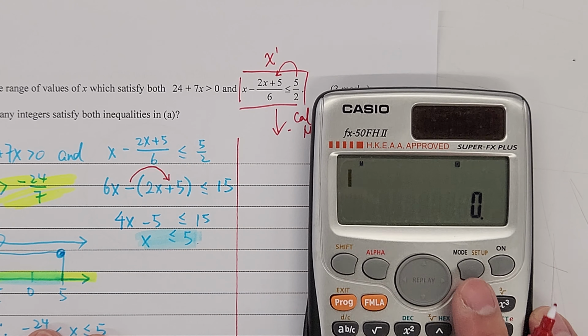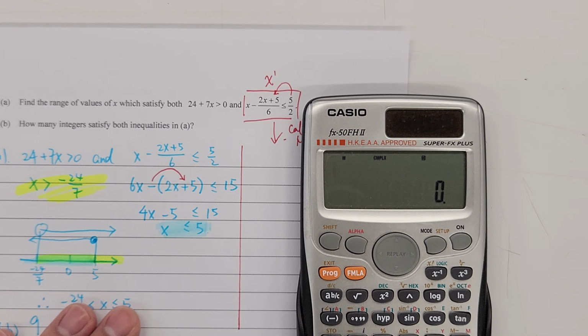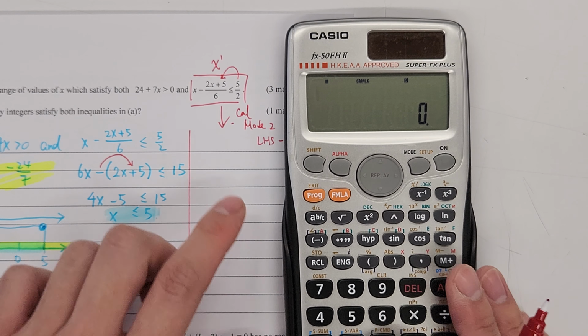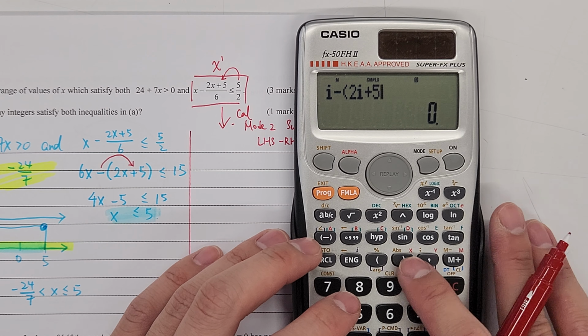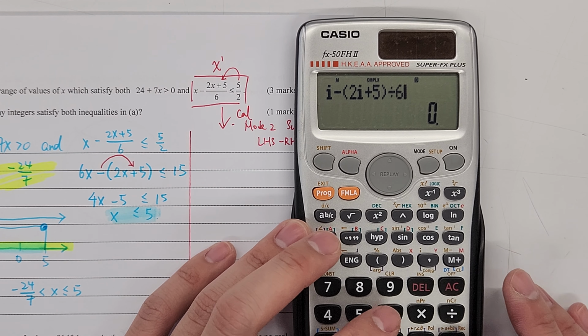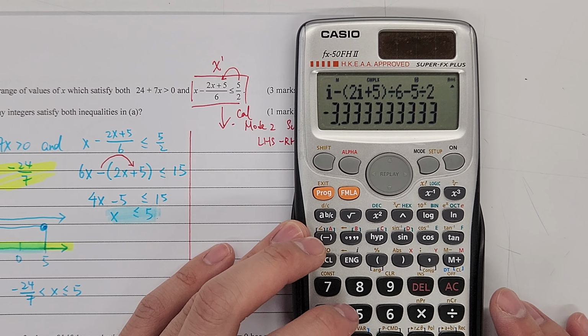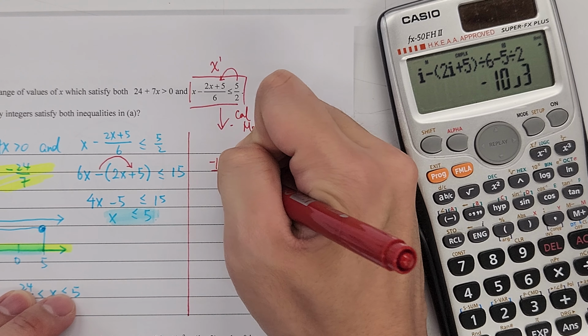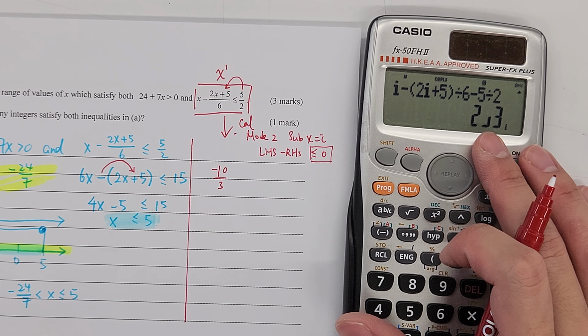So let's type it. What you need to do is just follow the question and type. So x becomes i, so i minus bracket 2i plus 5, and then divide by 6, and minus 5 over 2. Then change it into a fraction, and you get negative 10 over 3, and then shift eXe to get the imaginary part.